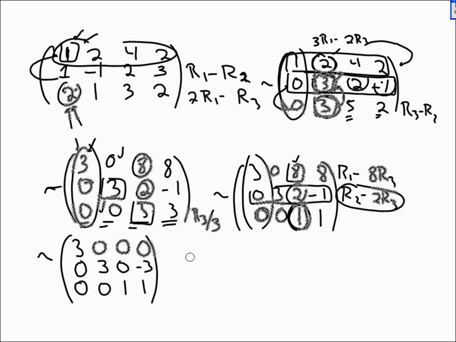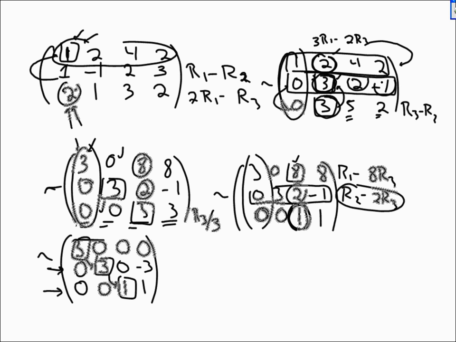Row 1, that's the 3 is their non-zero entry. In row 2, that's the first non-zero entry. In row 3, this is a non-zero entry. The row of zeros, there are none. The leading entries keep going to the right.